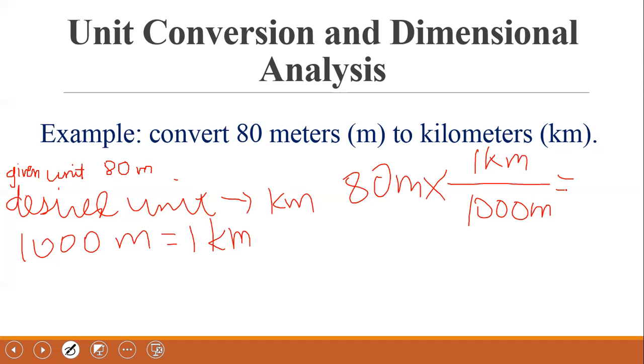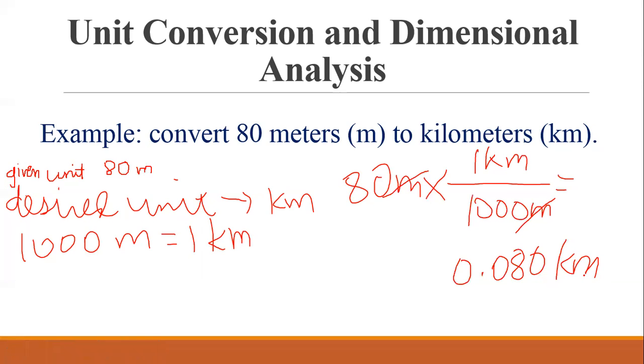So we cancel the meters and multiply: 80 times 1 is 80, divided by 1,000. This is equal to 0.080 kilometer. So that is a simple conversion.